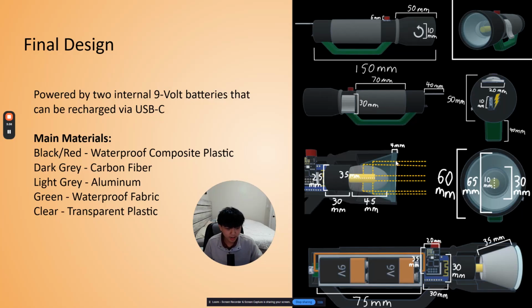If you make it narrow, the light will be more concentrated and bright, but if you make it wider, then the beams will be wider. The main materials that we used were composite plastic and carbon fiber, and then some other ones such as aluminum in the housing, waterproof fabric, and transparent plastic.